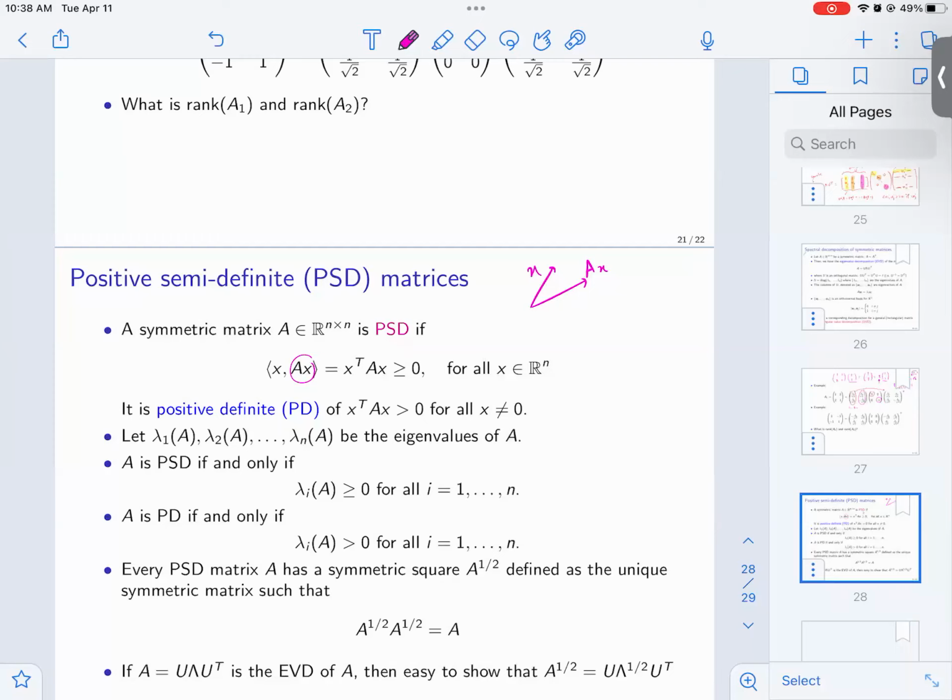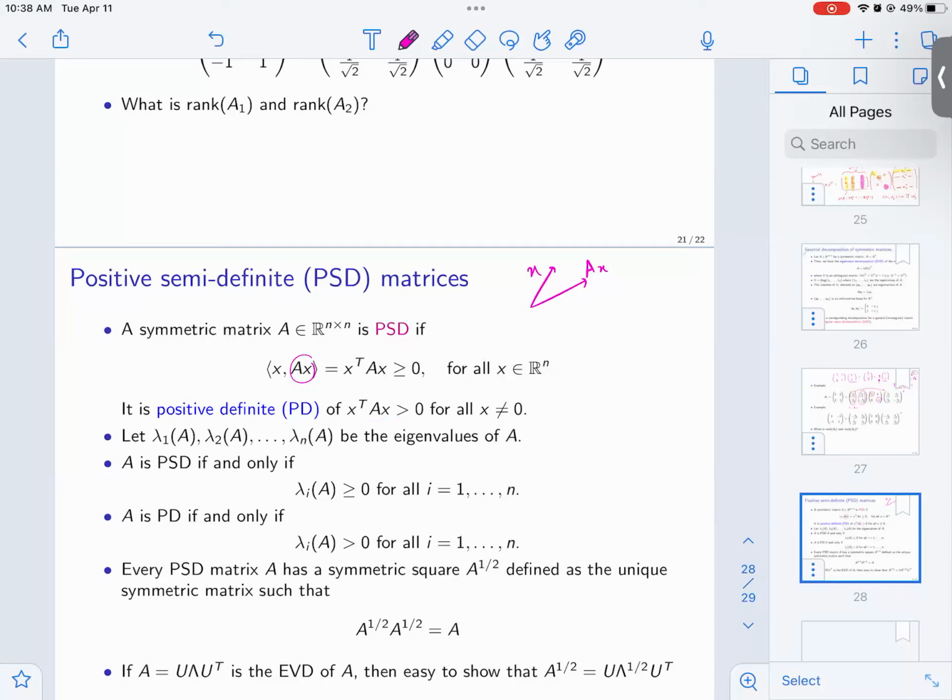So positive semidefinite means there's a possibility that this is zero. Positive definite means there's no zero possibility. It's strictly positive for all non-zero vectors.